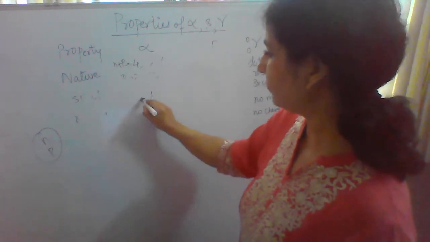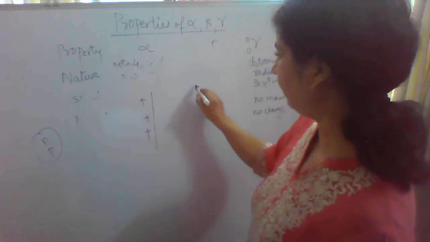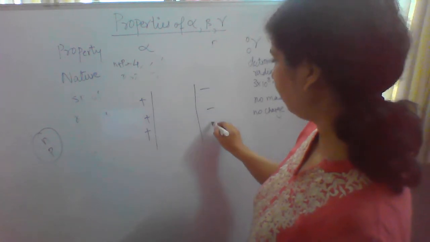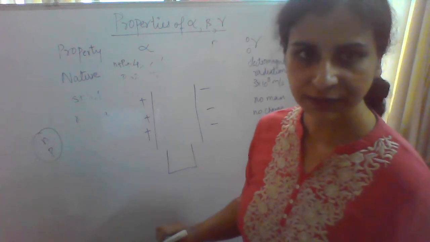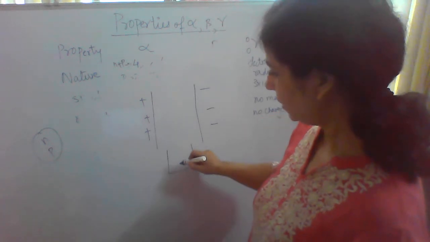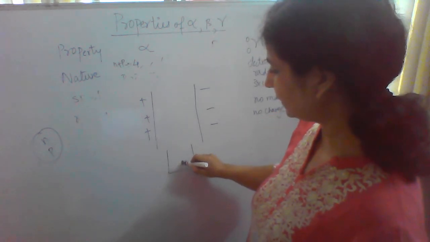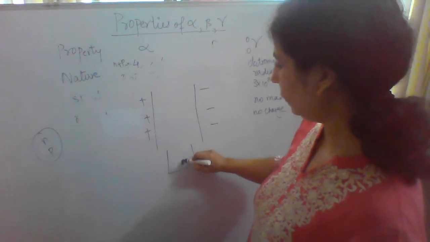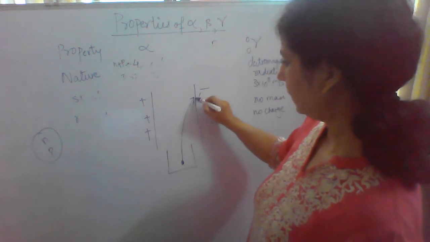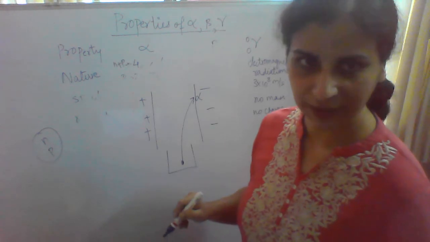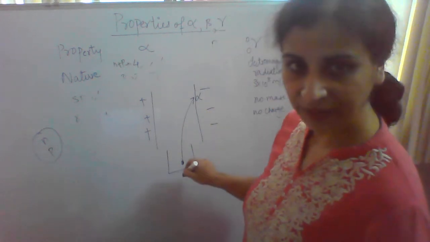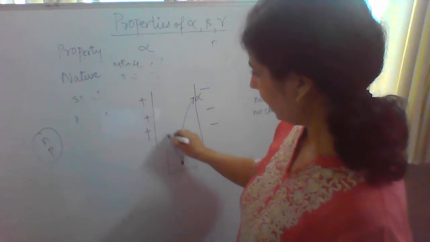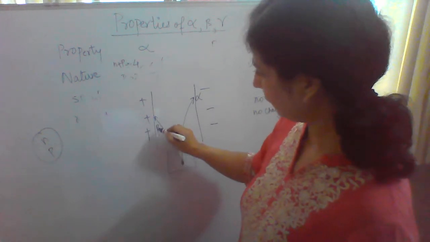Supposing I have a metal plate which is positive and another plate which is negative, and I have some radiations. First, alpha radiations will go towards the negative plate because of opposite charge. Beta will go towards the positive plate.